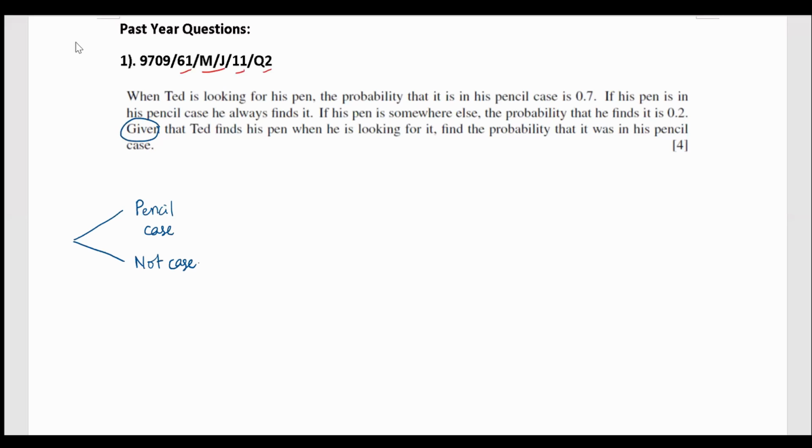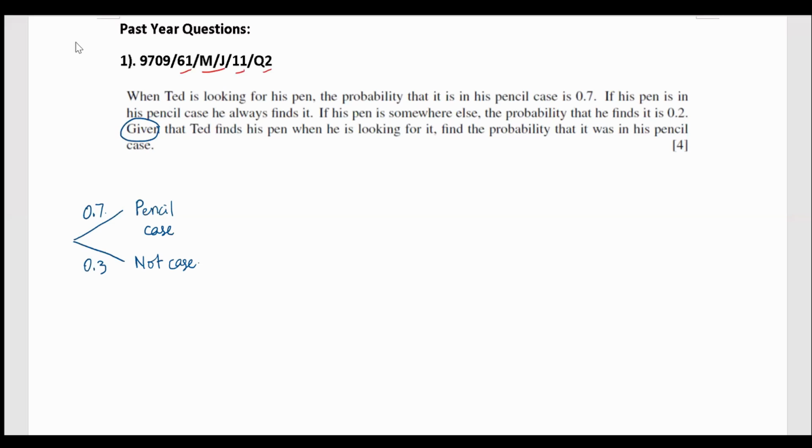The probability that it is in his pencil case is 0.7, which means not in his pencil case is 0.3, right? So the total of these two branches must equal 1. So either it is in the pencil case, probability 0.7, or not, 0.3, and the total equals 1.